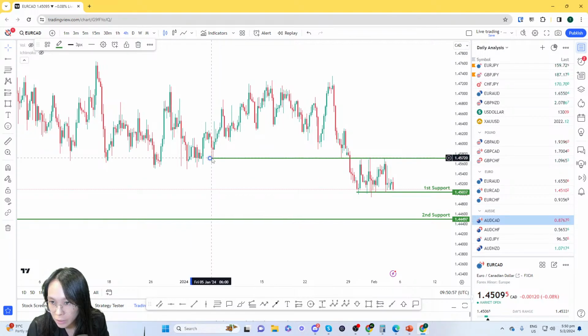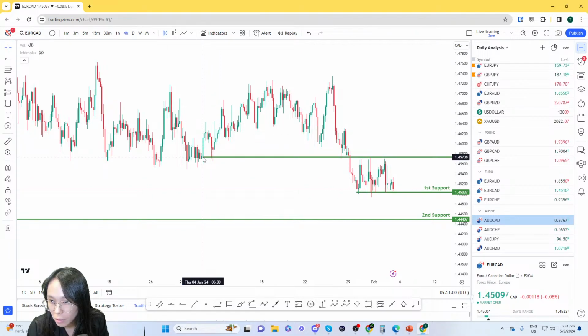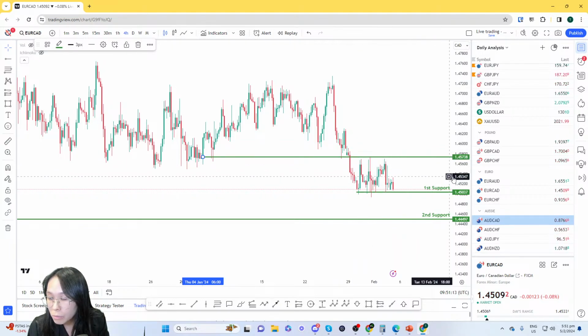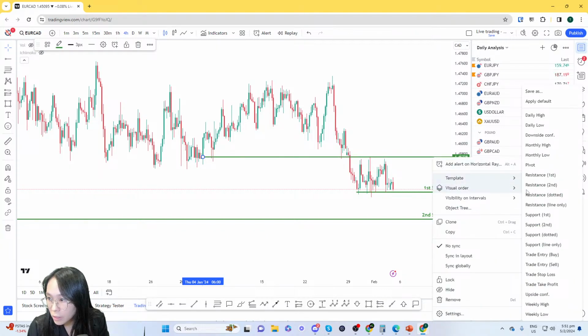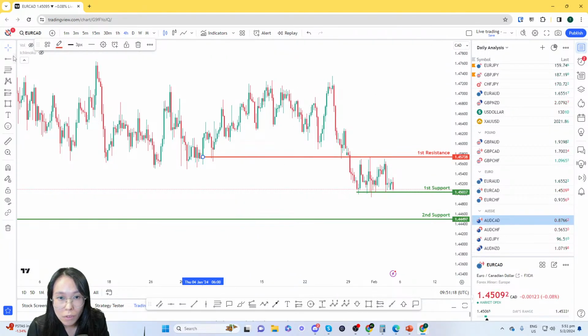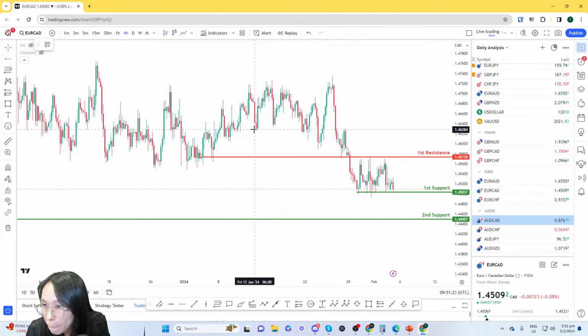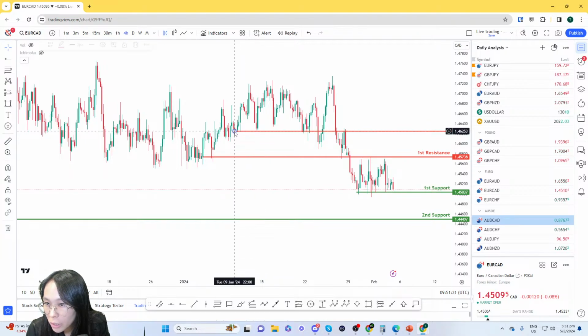The price bounced off, and over here the price broke through the support and now it has become a resistance, as the price is unable to break through. So this will be my first resistance, followed by the second one. We have another overlap resistance here.